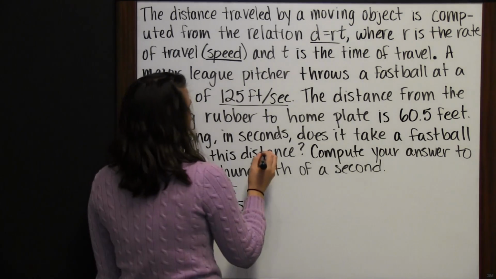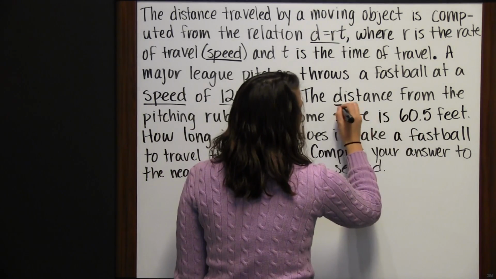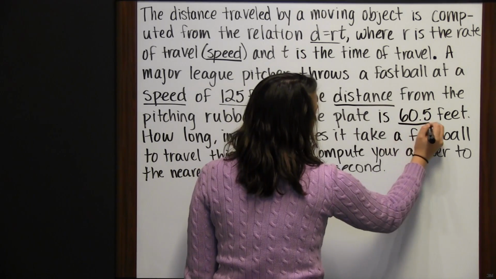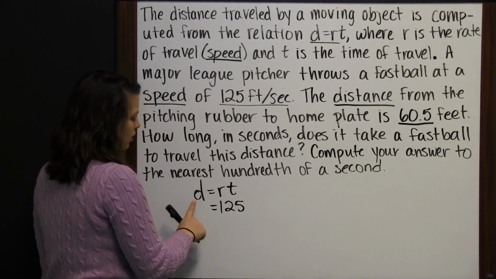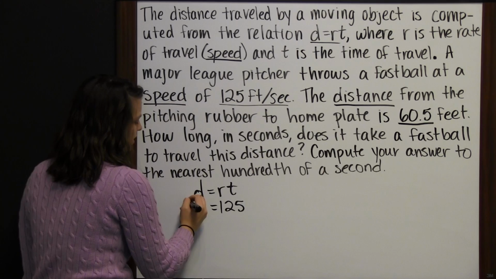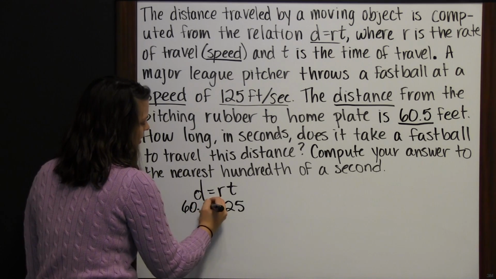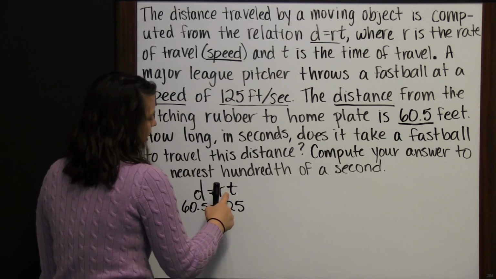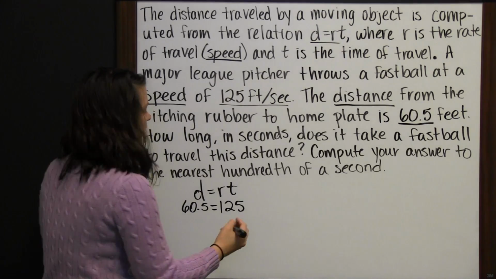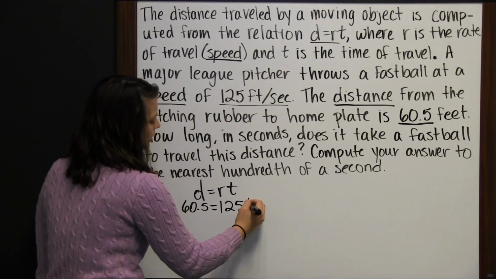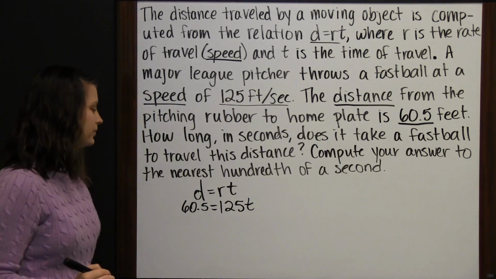Then they also gave me the distance, 60 and 5/10 feet, which means I'm going to replace d with distance, 60 and 5/10. And so t is what I'm trying to find. So the t will stay there in my equation.